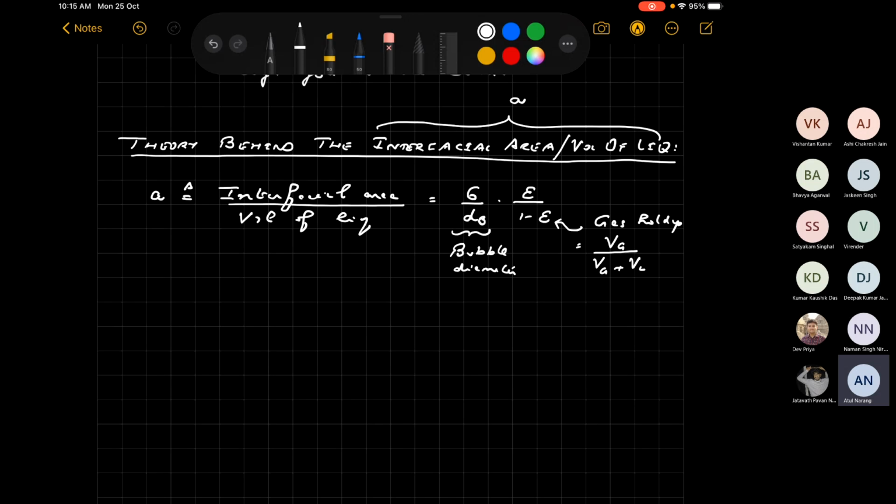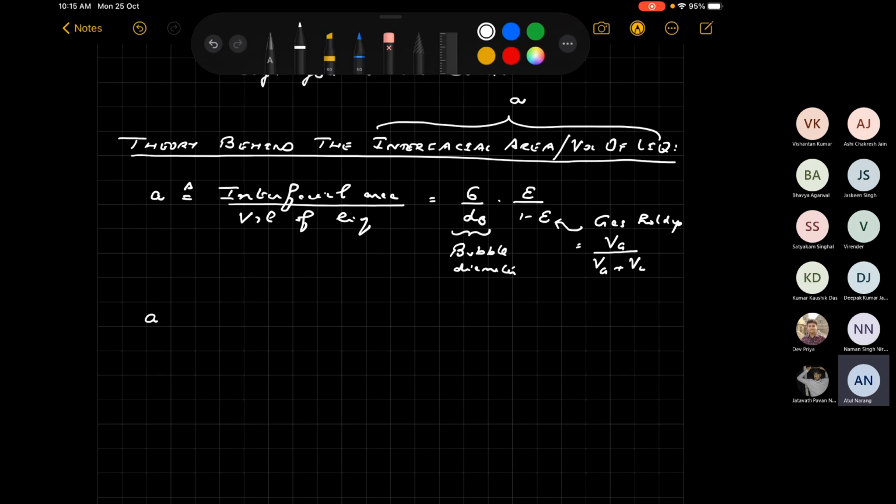So just to explain this to you, which is, I hope, going to come through. I'm really cutting down 2 pages to basically 3 lines. A is defined as the interfacial area divided by the volume of the liquid.